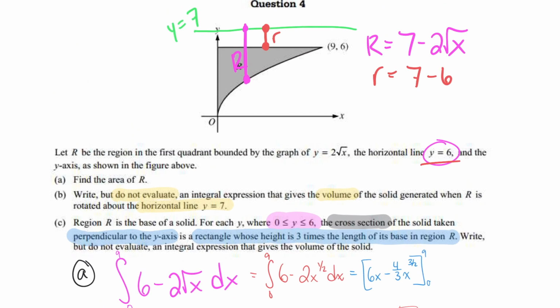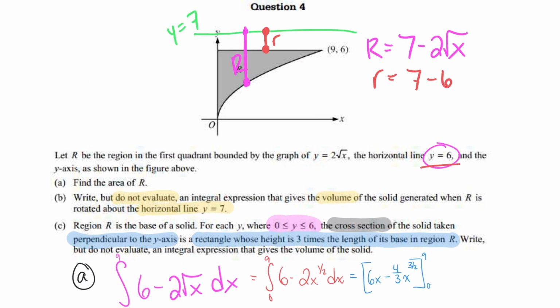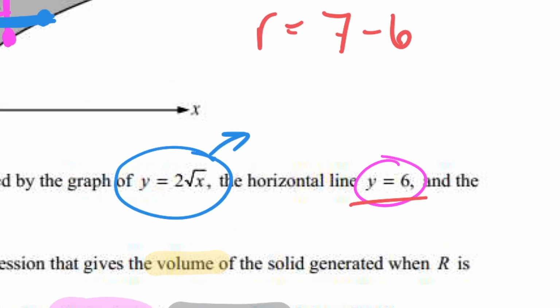So if we go up and look at our shape here, we need this to be perpendicular to the y-axis. So that means it's going this direction. So if this is the base of each rectangle, that means that it's going to be our curve y equals 2 square root of x minus the y-axis, but this would have to be in terms of y. So we're going to have to solve this equation for x.